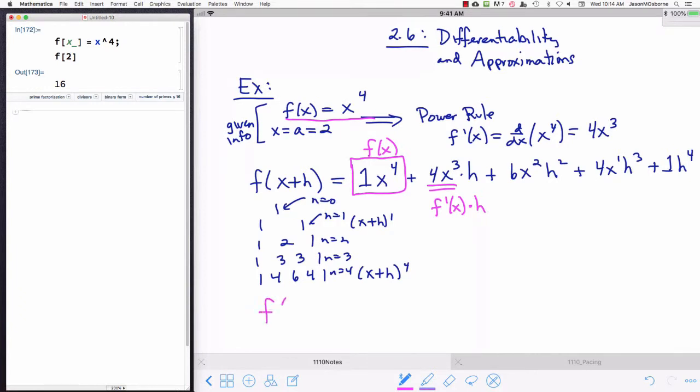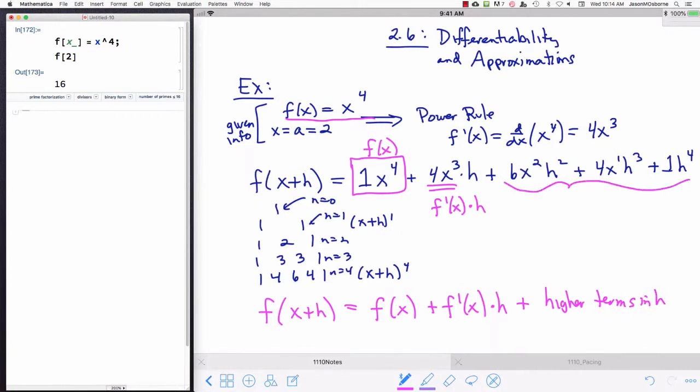So what we're seeing is that f of x plus h is equal to the function evaluated at x plus the derivative evaluated at x times h plus higher terms in h. These are all the higher terms in h. Notice that they all have powers of h higher than 1. So h squared, h cubed, and h to the fourth are the higher powers in h.